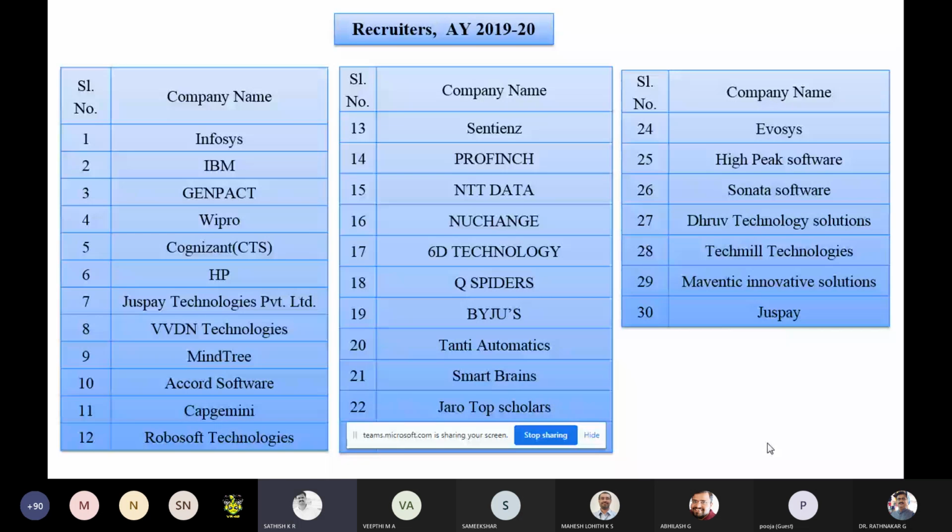Prestigious companies like Infosys, IBM, and Genpact conducted campus interviews in our college premises. So these are our major recruiters.